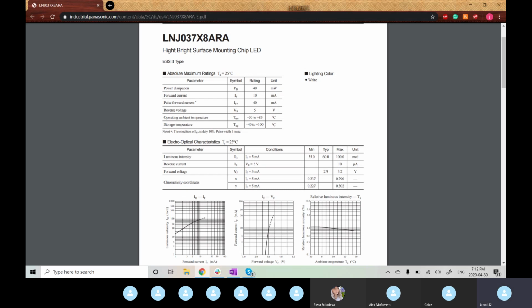Everything you need can be seen right from the front page of this data sheet. So let's assume we're taking a 9-volt source. Everyone figure out what the resistance we'd want on this is.